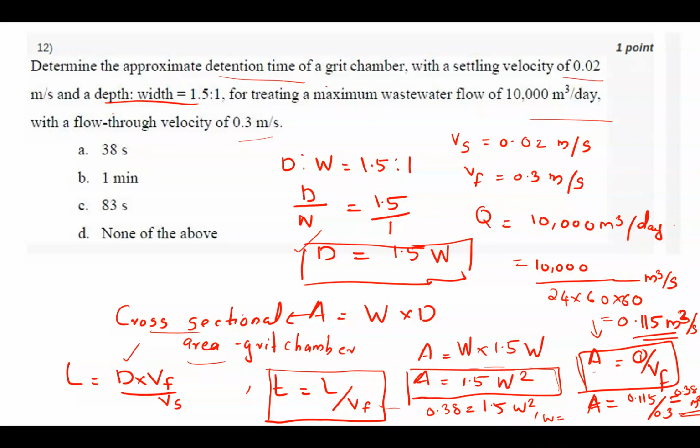Here it is given that depth to width is 1.5 to 1. So what you are saying is length you should know, right? The question is given like this only.